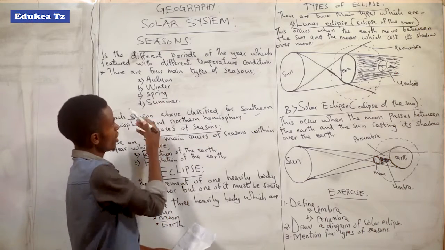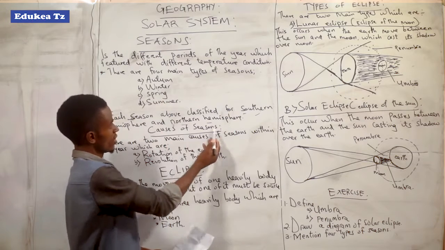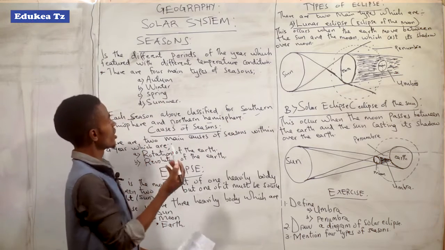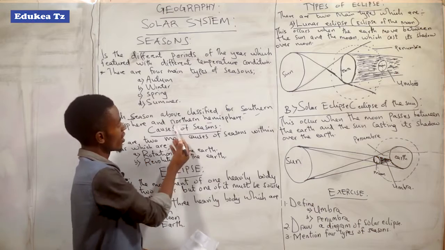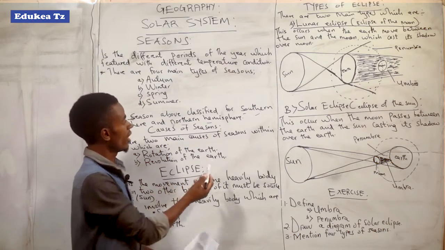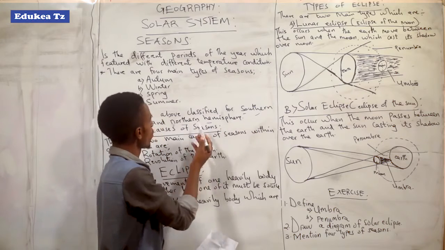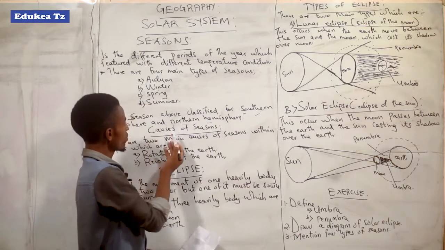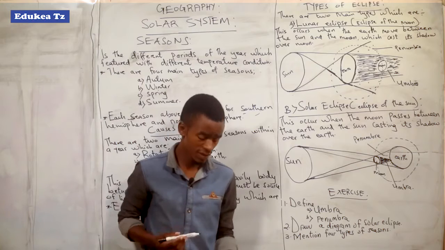The same applies to winter: winter in the southern hemisphere is quite different from winter in the northern hemisphere. Let's look at them one after another.